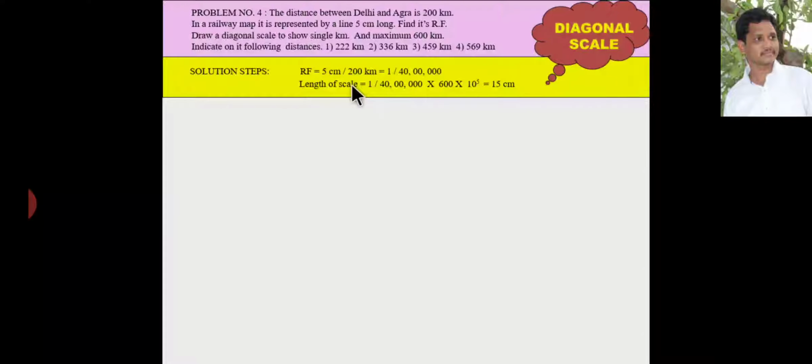So 5 divided by 200 into 1 lakh centimeters. The value of RF equals 1 by 40 lakhs.